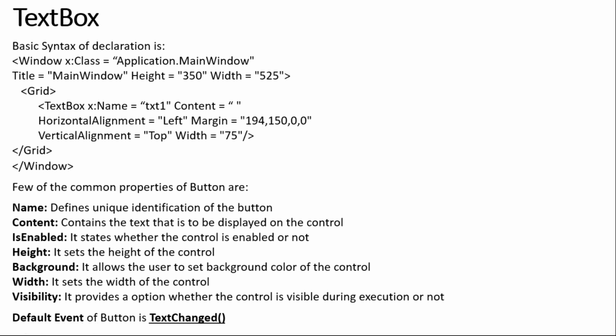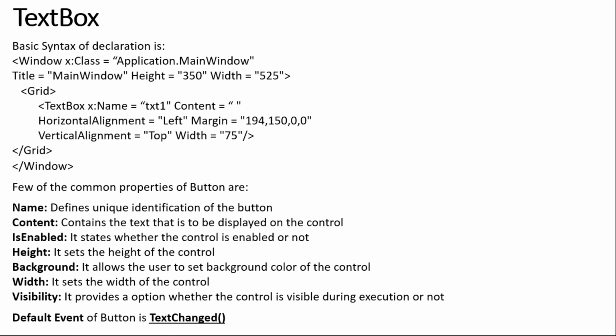If you want to display some content, you can display it here, or you can just go with the properties, that is Name, Content, IsEnabled, Height, Background, Visibility, Width, etc. Again, this is a copy paste, guys, please pardon me regarding this particular mistake. So the default event of text box is TextChanged. It is the same as your Windows Phone, so don't worry.